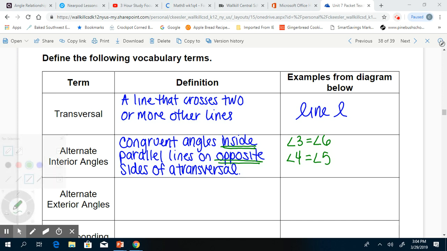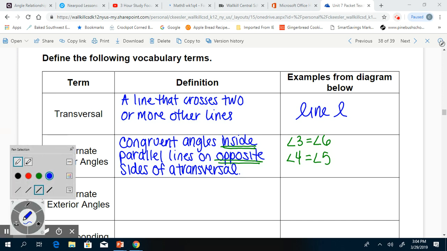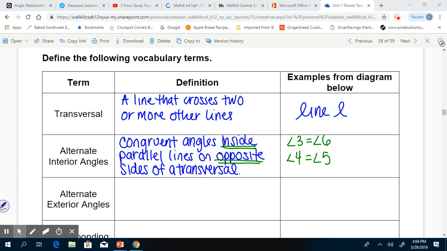For our next definition, we have alternate exterior, very similar to the one we just did. Alternate exterior angles are congruent angles outside parallel lines on opposite sides of the transversal.